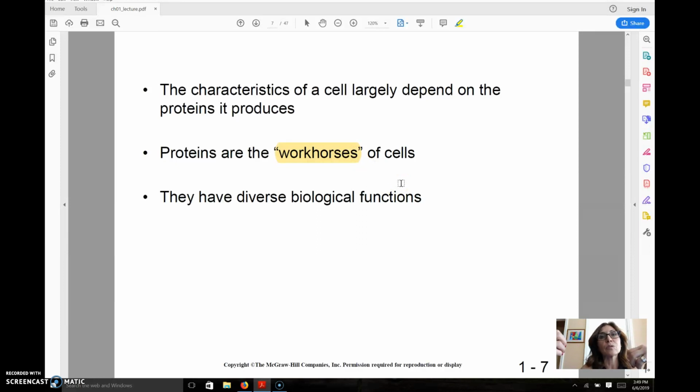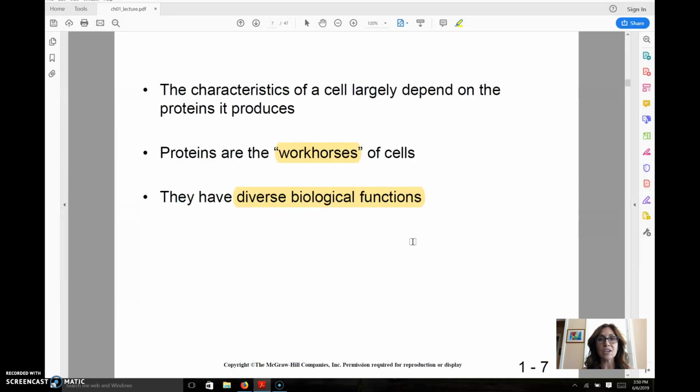Again, when we talk about proteins, a lot of people think, oh, chicken, eggs, protein powder. You think of actin and myosin, you think of muscle, because when you're eating beef, that's the muscle of the animal. The protein you're dealing with there is actin, myosin, and some other associated proteins. When we talk about proteins being the workhorses of the cell, we're talking about proteins that have diverse biological functions.